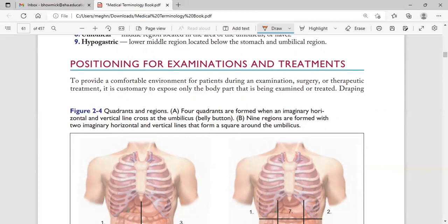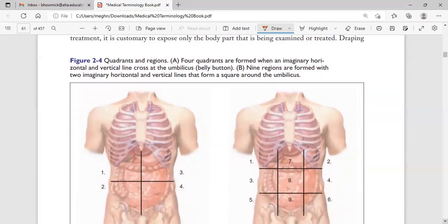So now let me show you this picture, quadrants and regions. Four quadrants are formed when an imaginary horizontal and vertical line cross the umbilicus. The 9 regions are formed by two imaginary horizontal and two vertical lines.